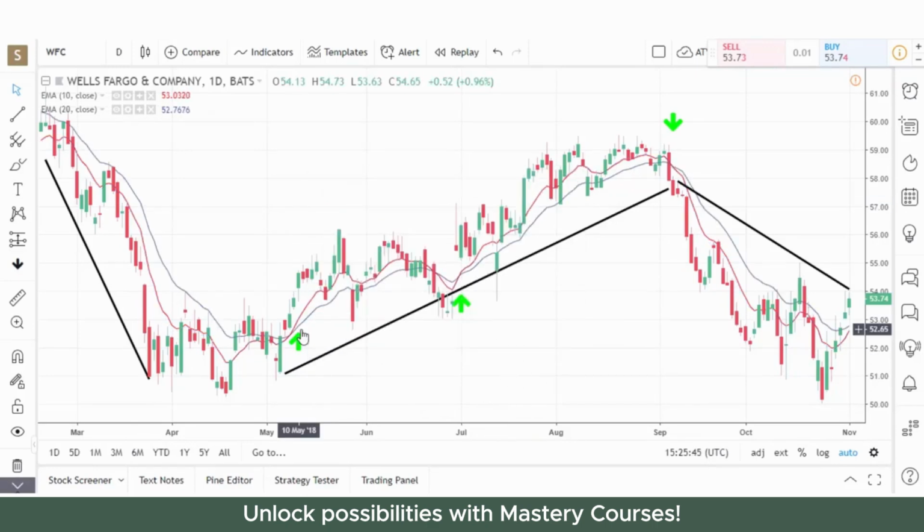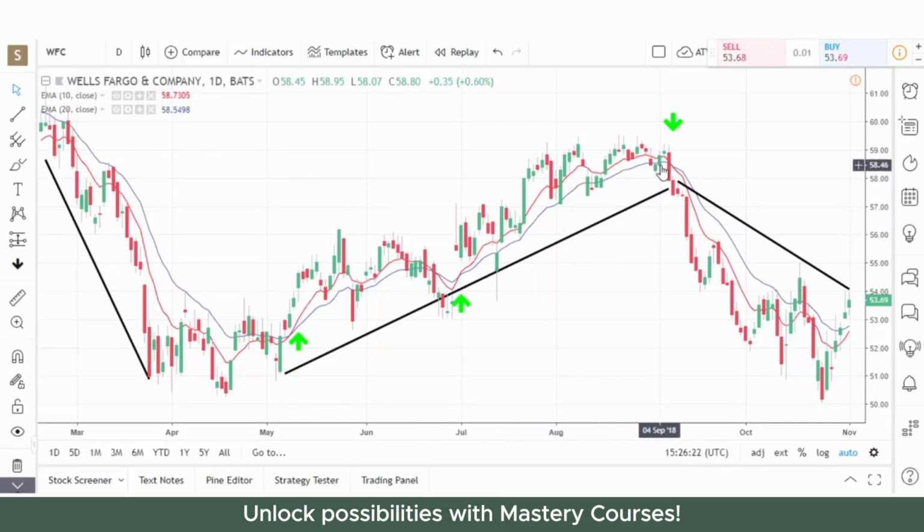Here we see the 10-day crossing the 20-day and giving us our buy and sell signal. Here, where we marked it earlier, we have the 10-day moving above the 20-day after the stock had been in a downtrend. It stays above the 20-day until June. We get a cross to the downside and then another cross to the upside as the stock is in an uptrend here.